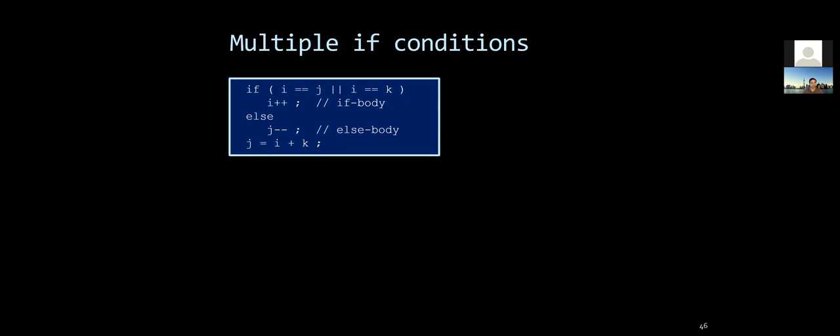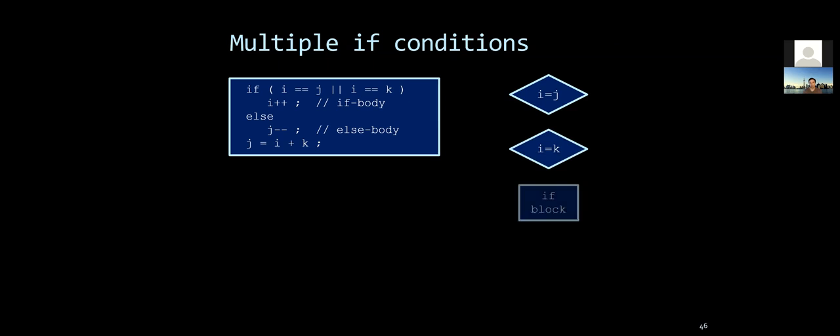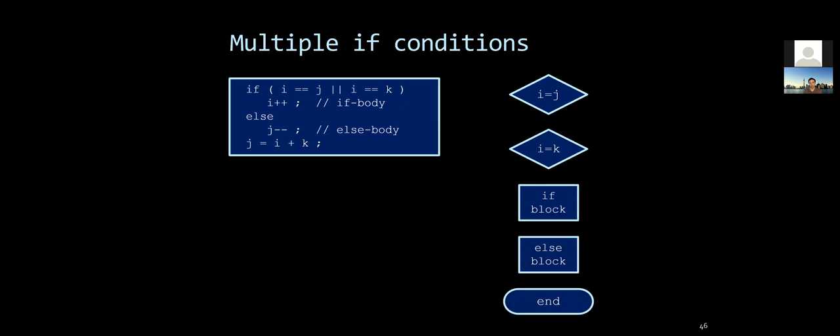Where that happens, well, for example, if I had a complicated predicate like this, and this is the if body, and this is the else body, and this is what follows the if statement. So the way we do it, we do i equals j as one condition, and then we do i equals k as another condition. And this is the if block, and this is the else block, and this is and, right?